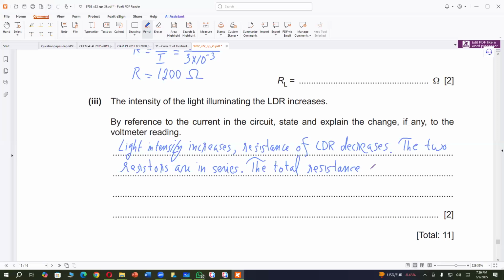The total resistance of the circuit decreases.